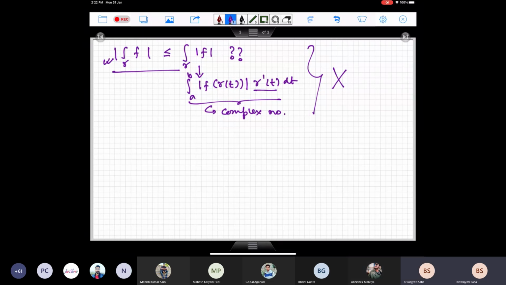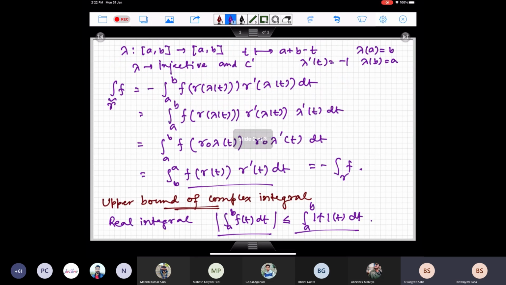So let us now see, instead of this, what can I do? For that, it's important that I go back to the inequality that I had in case of the real integral. My aim is to get an upper bound. Here I have this integral from a to b of mod of f(t) dt. This is my upper bound, which I said. Now let us make it slightly more precise.